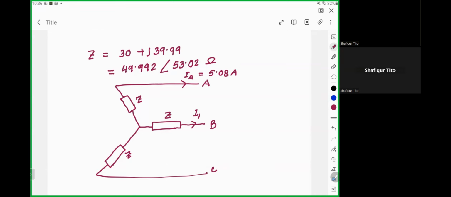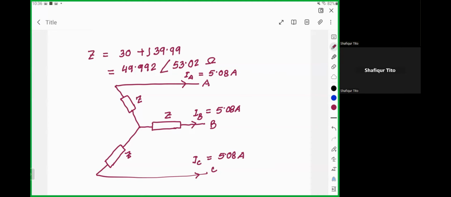Similarly IB is given equal to 5.08, and the third quantity is also equal to 5.08. Now, what do we want? We want the line voltage.